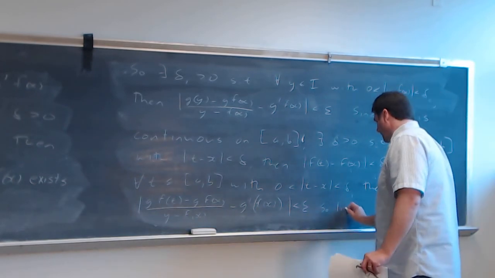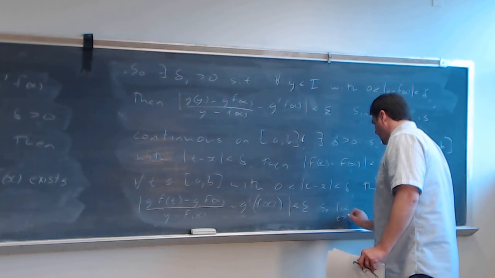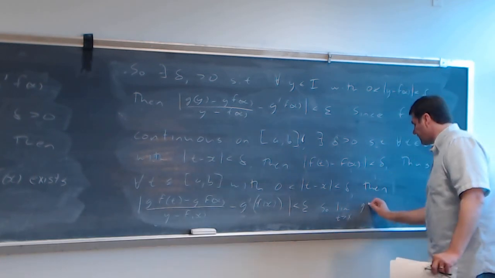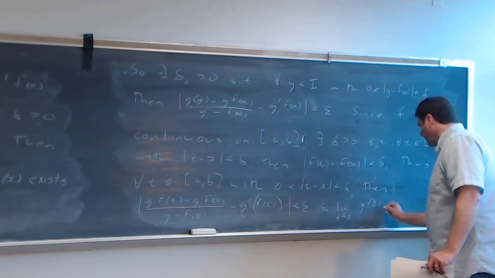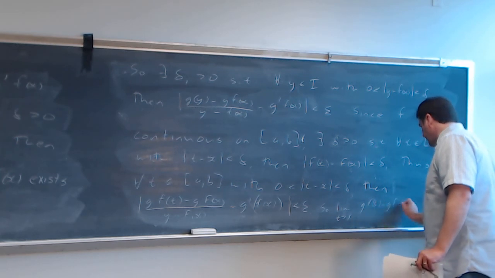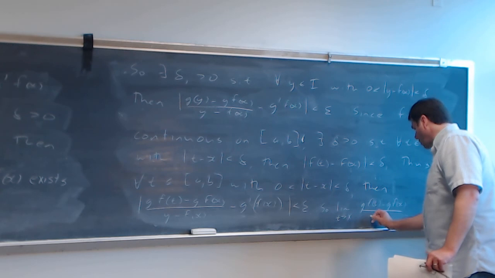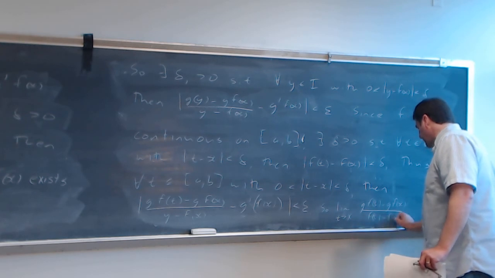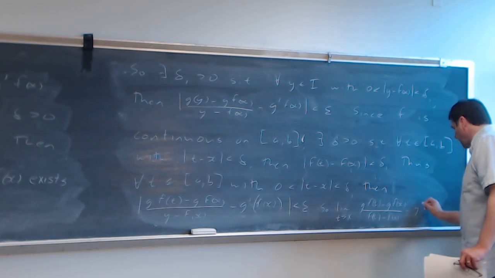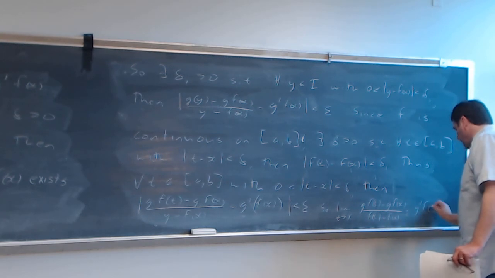So the limit as t goes to x of g of f of t minus g of f of x all over f of t minus f of x is equal to g prime of f of x.